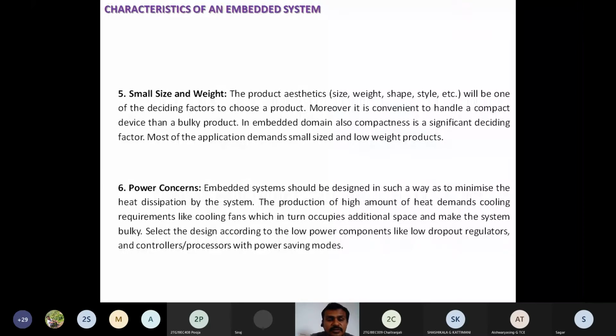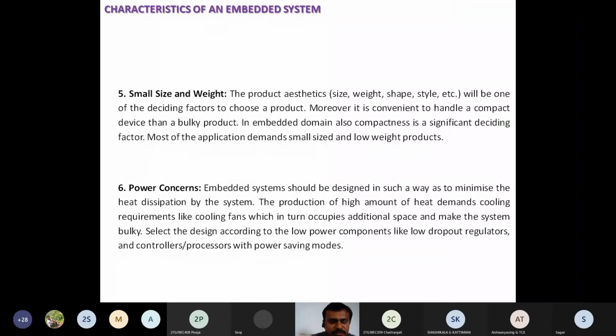So we need the heat to be less, so that the extra components we are using to control that behavior will be reduced. Additional space will be taken by these cooling fans and make the system bulky.